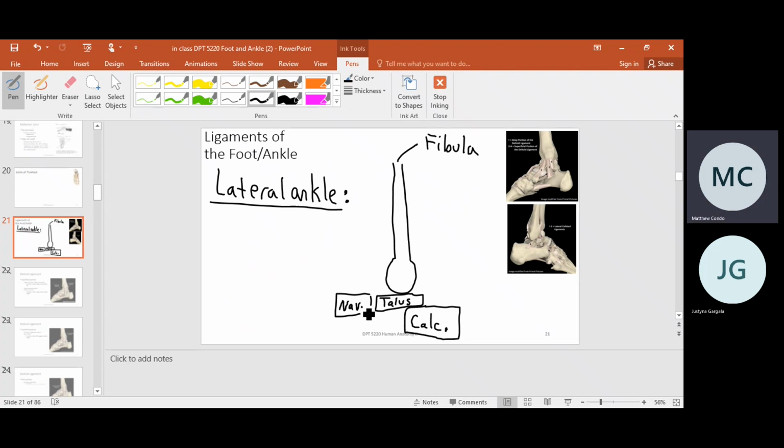So I have 3 basic ligaments here. Okay, the first one that I have is going to be called the Anterior Talofibular.